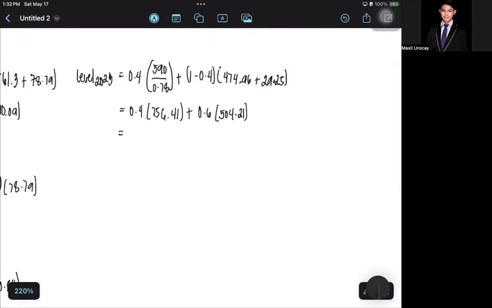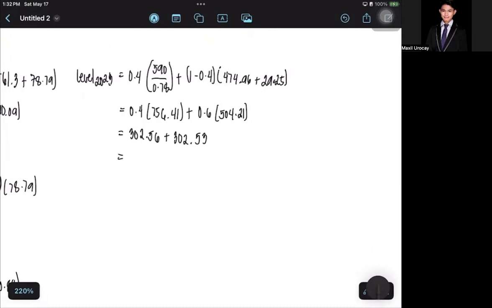So calculating it then, 0.4 times 756.41 will equate to 302.56. And for this one right now, 0.6 times 504.21, and that is 302.53.